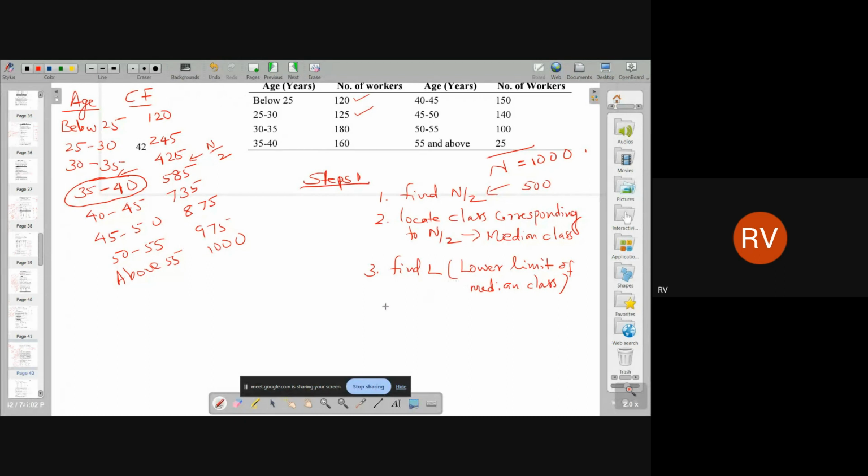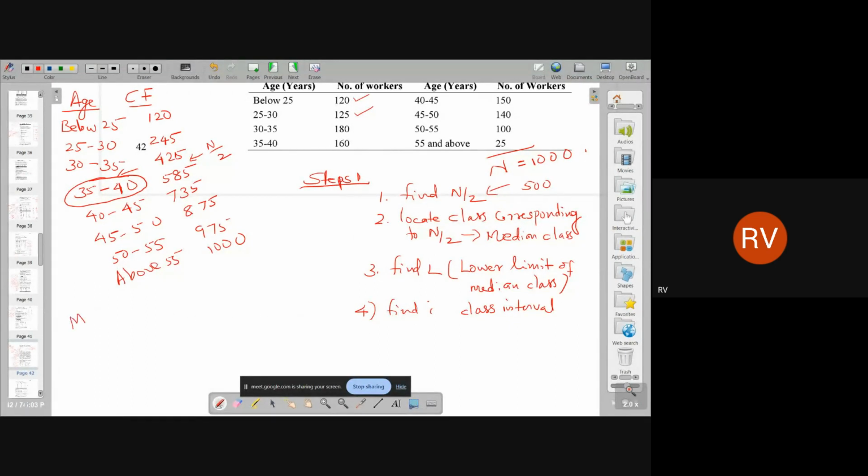Then next step, find i. I means class interval. In this case, the class interval, 25 to 30, is equal to 5.